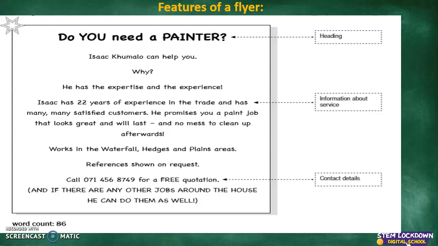He promises you a paint job that looks great and will last and no mess to clean up afterwards. Works in the waterfall, hedges and plain areas. References shown on request, and then at the very bottom you would have your contact details. And there are Isaac Khumalo's contact details at the bottom of the screen. At the end of writing a flyer, you indicate how many words you have used when writing this flyer.